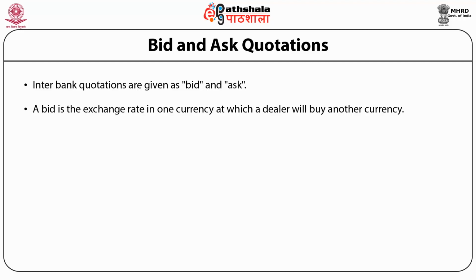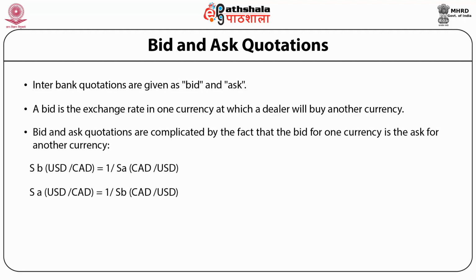Dealers buy at the bid price and sell at the ask price, profiting from the spread between the bid and ask price. That is, bid is less than ask. Bid and ask quotations are complicated by the fact that the bid for one currency is the ask for another currency, as explained below.